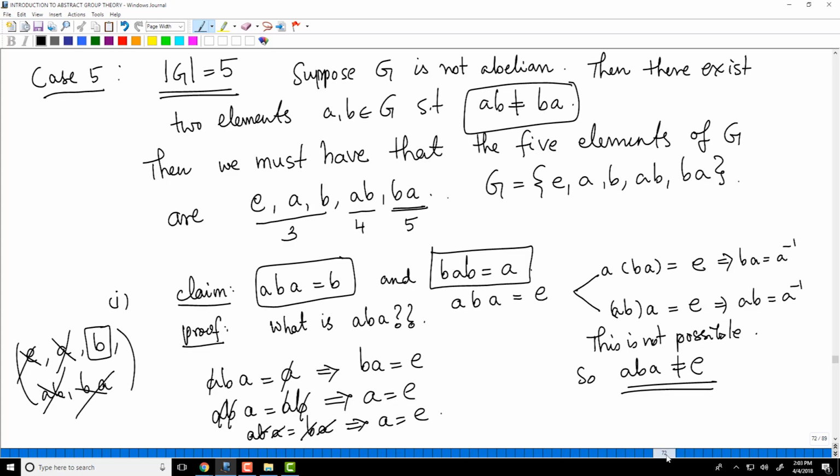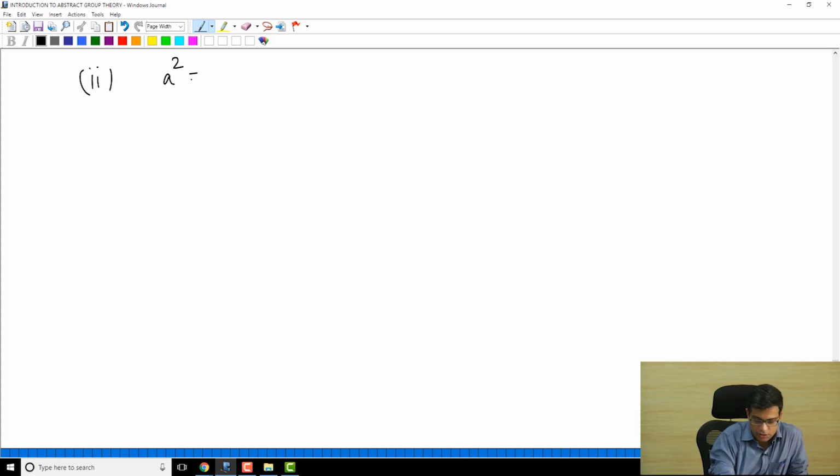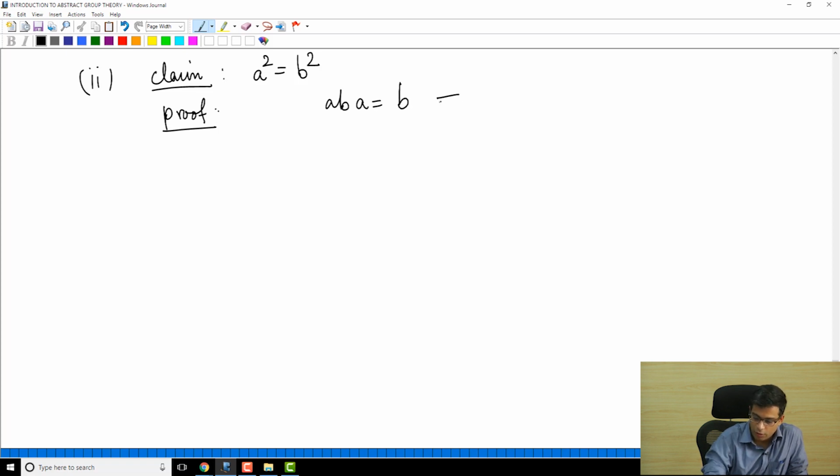So, I think I called it 1, I will claim 2: A squared equals B squared. I claim this. Why is this true? Remember, I have shown that ABA equals B. Let me multiply by B on the left. What do I get?